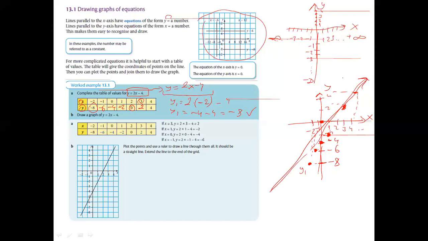So what was our equation? It was y is equal to 2x minus 4. So the graph of y equals 2x minus 4 is this straight line, and as you see here, it is the same straight line, the same coordinate system for this equation.